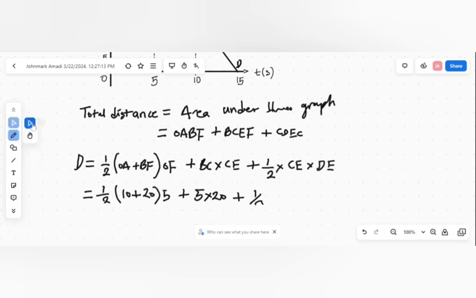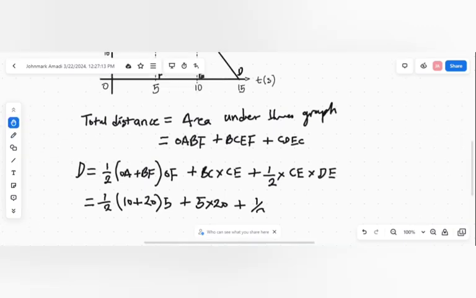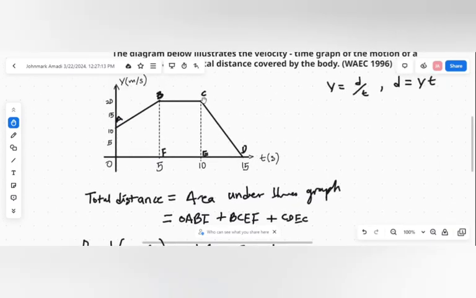Plus I have CE times DE. Let's extract that. Our CE, from here to here, is 20. Our DE from here to here is 5. I hope you know how we got 5: 15 minus 10 gives 5, while C to E is 20, with respect to the V axis.